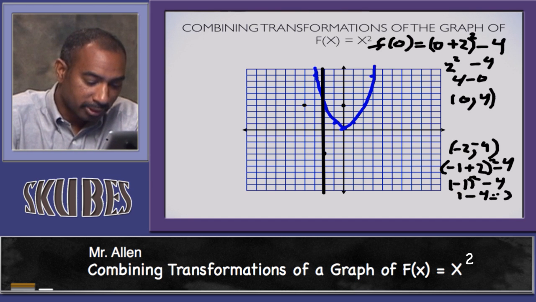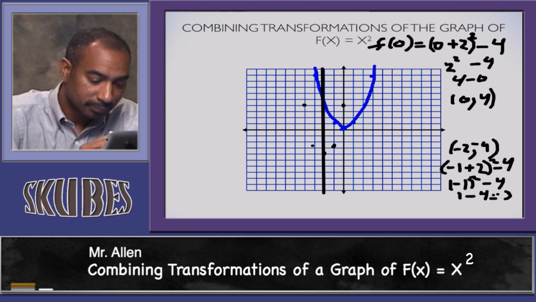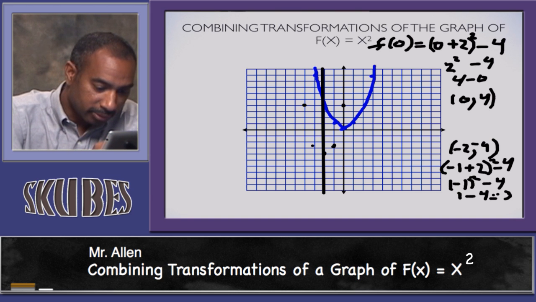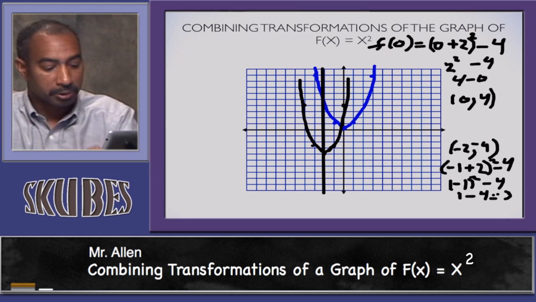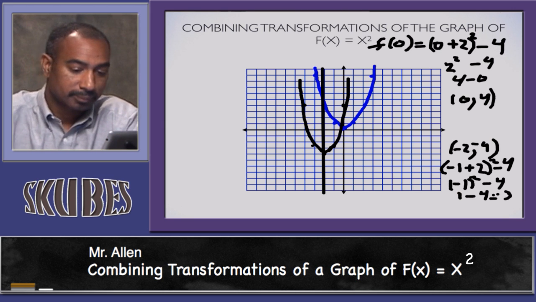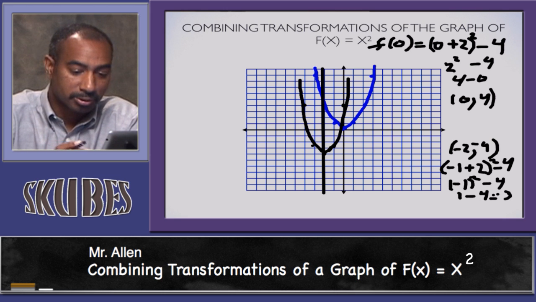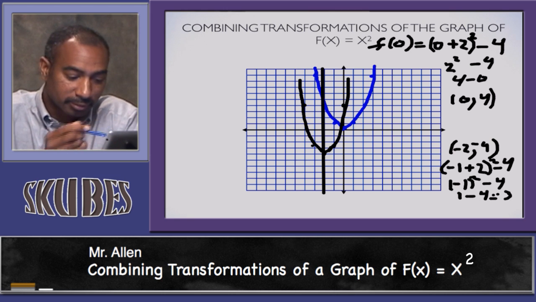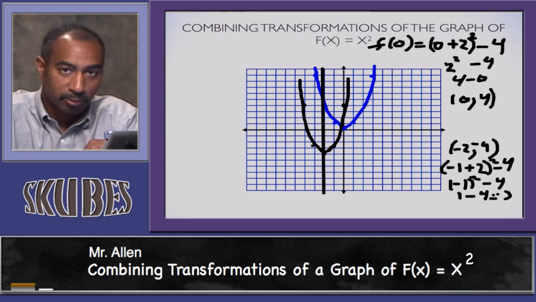So that puts us right here. And the opposite will be right here. So if I were to do that graph, it's going to look like this. The original one's the blue one, and the one that's transformed is the black graph. So it's the same graph, but you just shift it over 2 units and you go down 4.